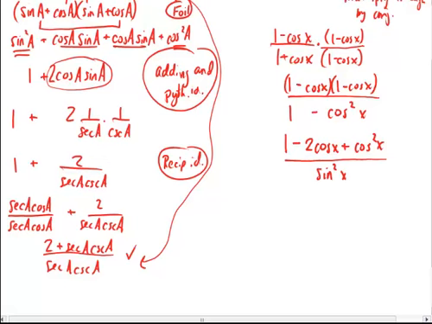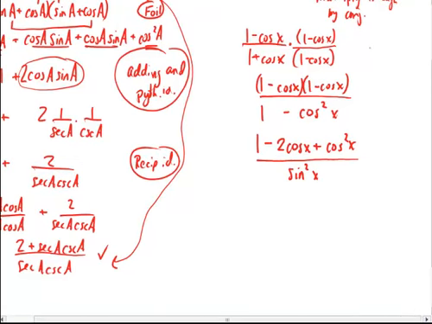So now we're going to have 1 minus 2 cosine of x plus cosine squared of x all over sine squared of x. Now, the reason for this step, right here this is conjugates. This step is really just rewriting. This step here, we have a Pythagorean identity and foiling in the numerator.